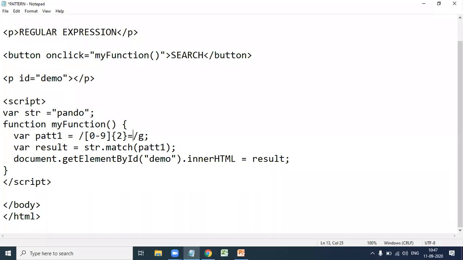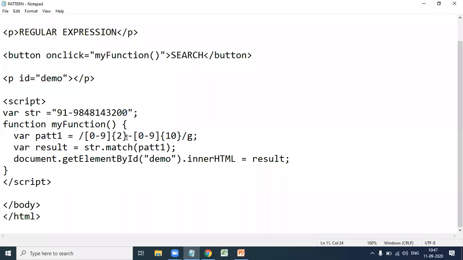So give one number, whether it matches or not. See here, 91-98481430. That means this pattern is matched with the given string, and it outputs and displays the match.